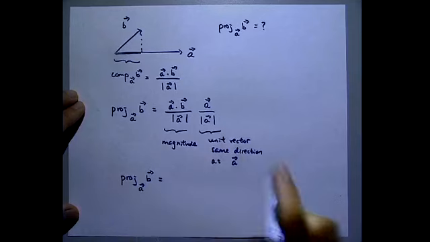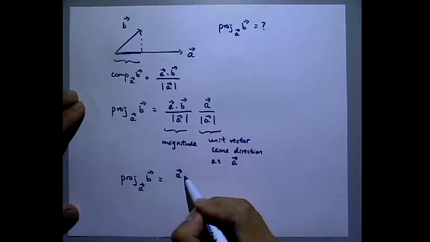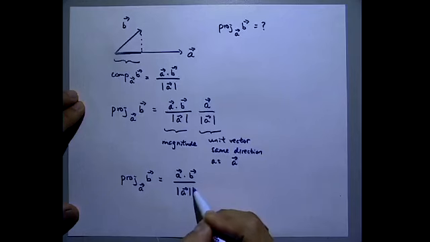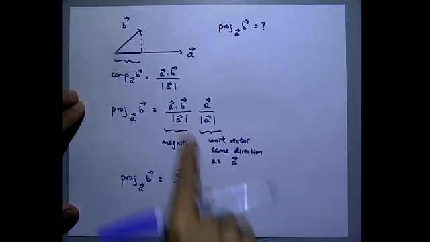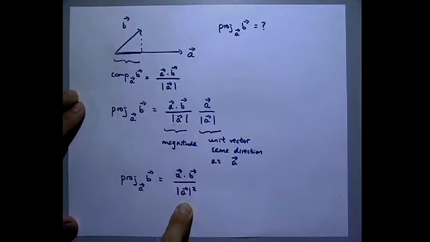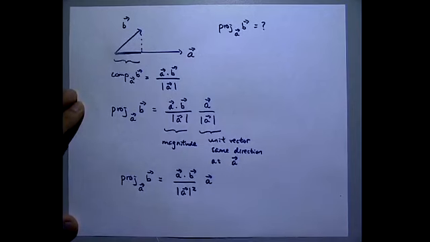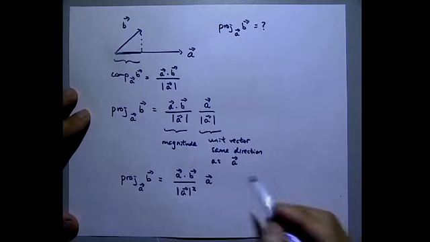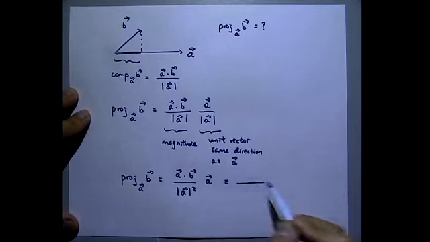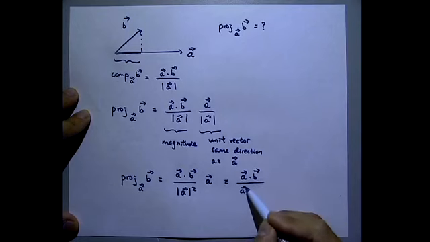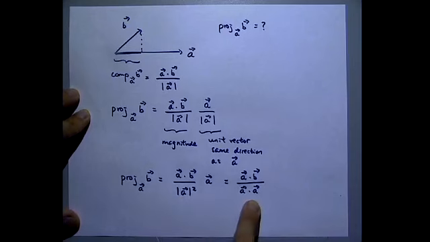You can clean up this formula a little bit. I can put these two together down here as the length of A squared, and then multiplied by the vector A. We saw earlier that if you dot a vector with itself, you get a magnitude squared.